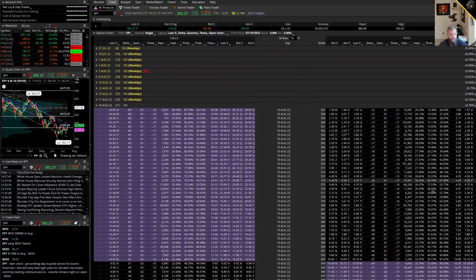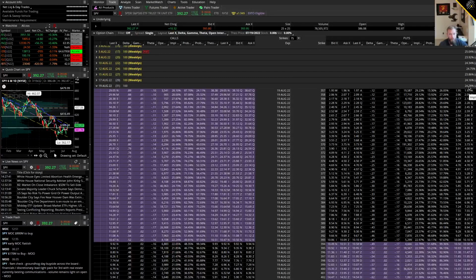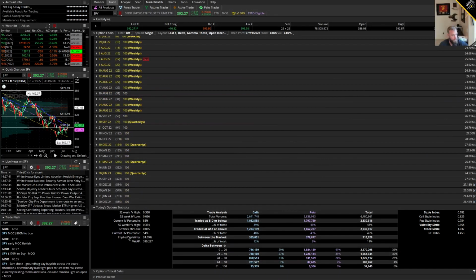All of that is just on the put side. If we look at the implied volatility for this options chain, which means this specific expiration, it's 24.78%. If I look at the implied volatility for SPY in general, it's 24.69%.